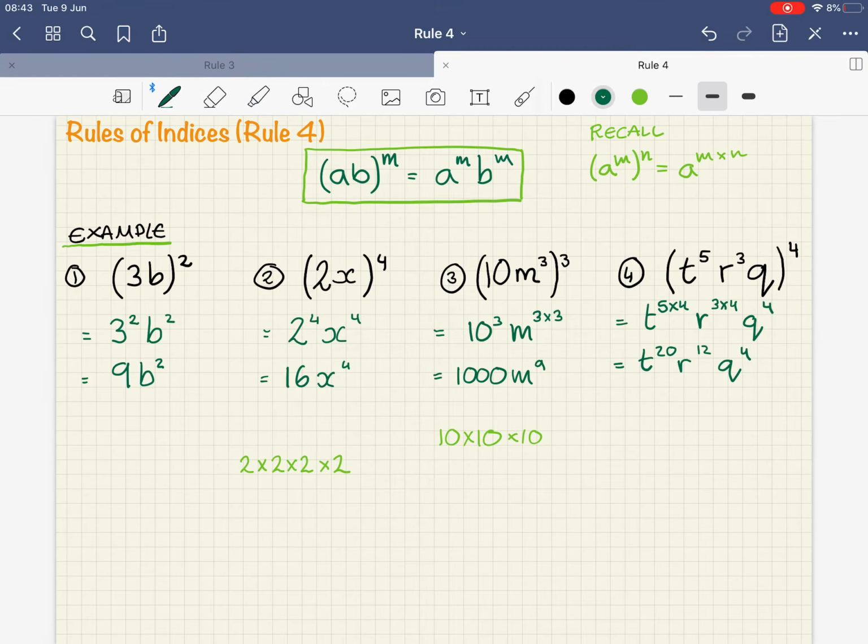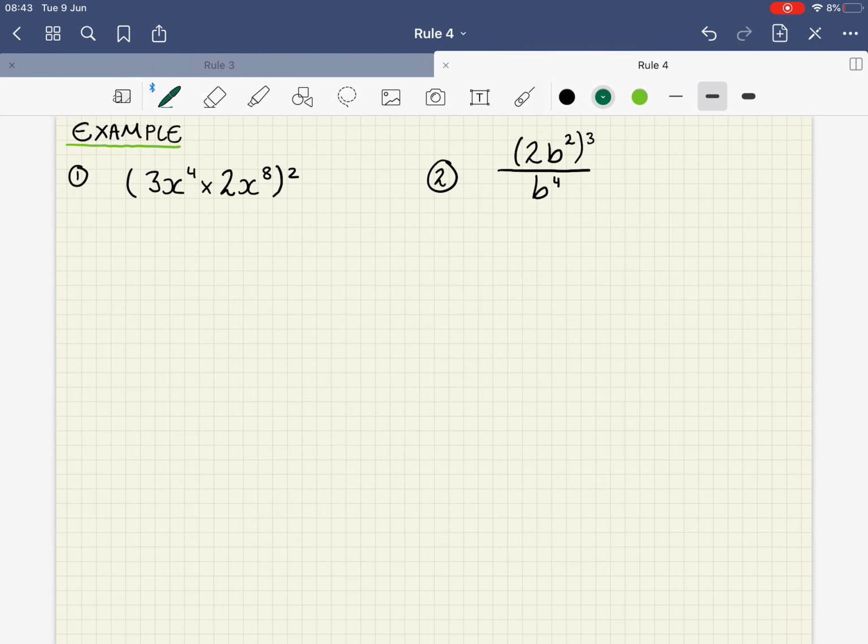Okay, so let's look at this with a combination of rules then. So here, I've got my first example here, and I've got a multiplication going on there. So I know that is going to be my rule 1, where again, if I write it out, a to the power of m times a to the power of n, I just add the powers together.